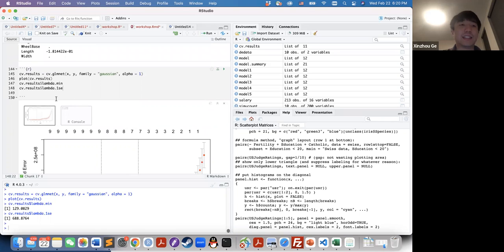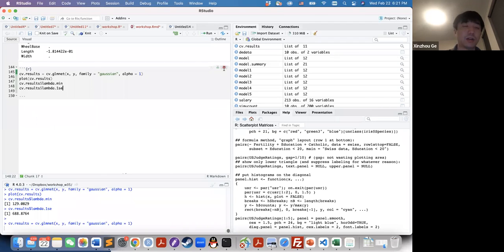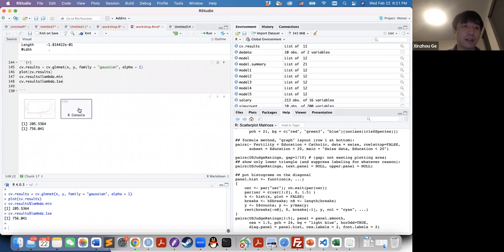And another thing is that, here you just remember these two values, 130 and 688. And if you run the whole thing again and look at these numbers again, you can see that these numbers are different. So it becomes 200 and it becomes more than 700.